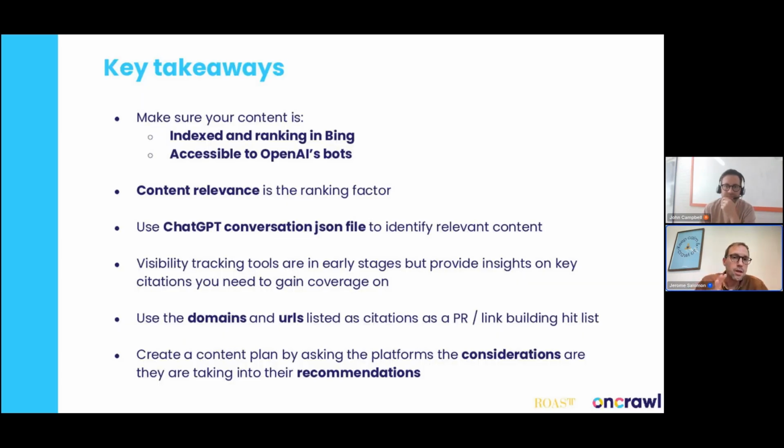So key takeaways. So yeah, first step, make sure your content is indexed and ranking in Bing, accessible to OpenAI bots. That's the first blocker, I would say. Then it's all about content's relevance. And you will be able to study that with examples using ChatGPT itself, trying some prompts.